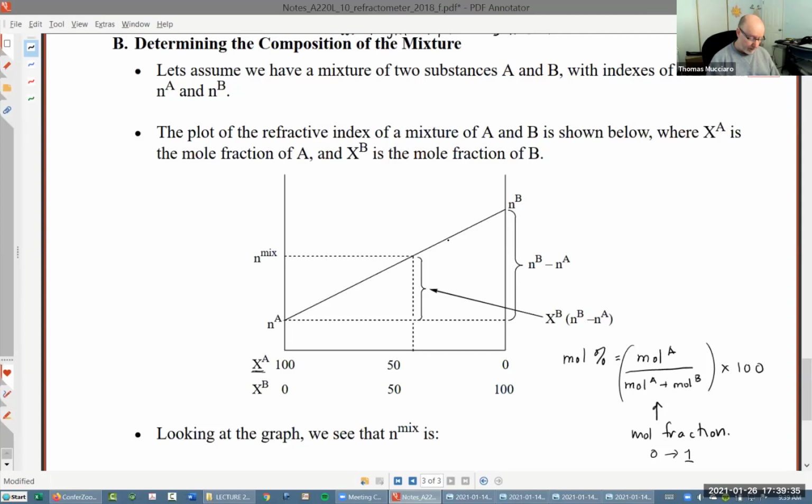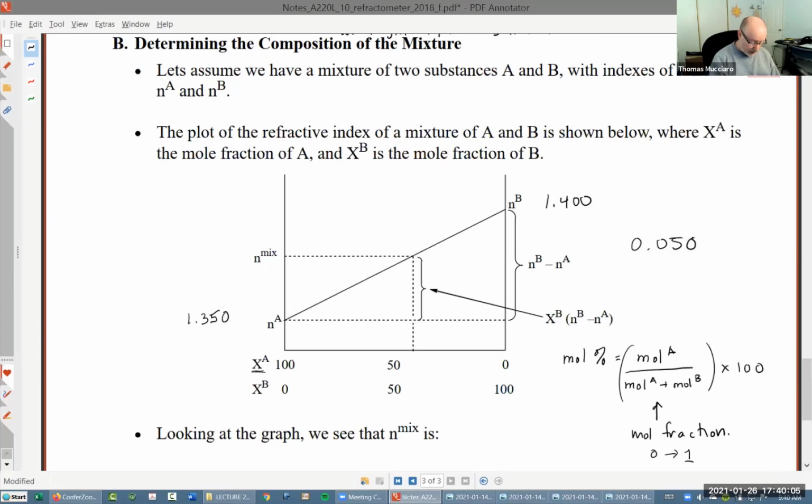Okay. So what I mean by that is, if we look, this is the difference between these two. So for example, if this was 1.350 and this was 1.40, then the distance here would be 1.40 minus 1.350, which is 0.050, whatever that distance is.